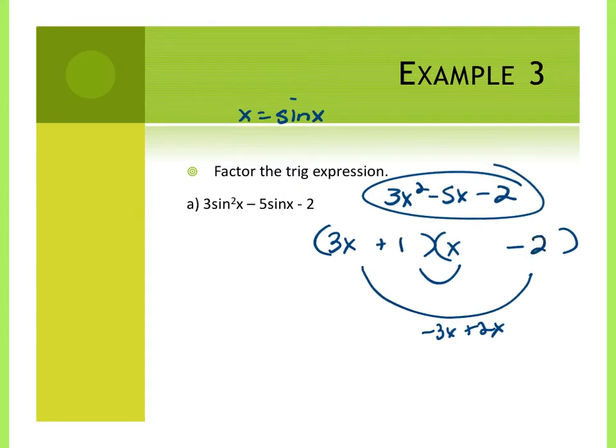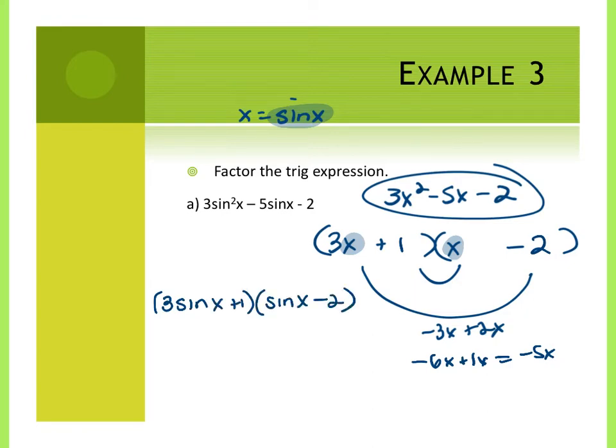This is 1, this is 2. This time I get negative 6x plus 1x. And that's my negative 5x. So that's the combination that works. And now I want to take these x's and replace them with the sine of x that I used. So 3 sine of x plus 1 and sine of x minus 2.